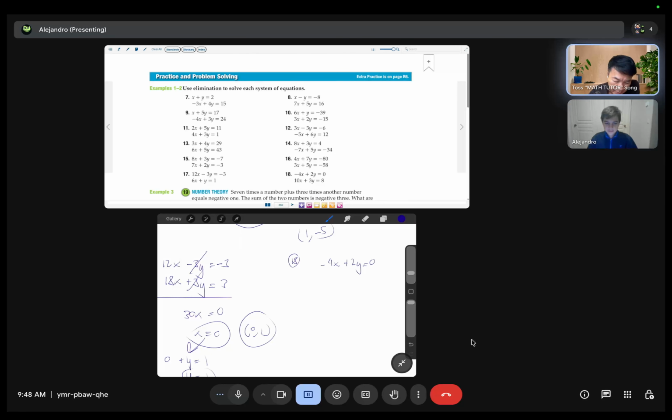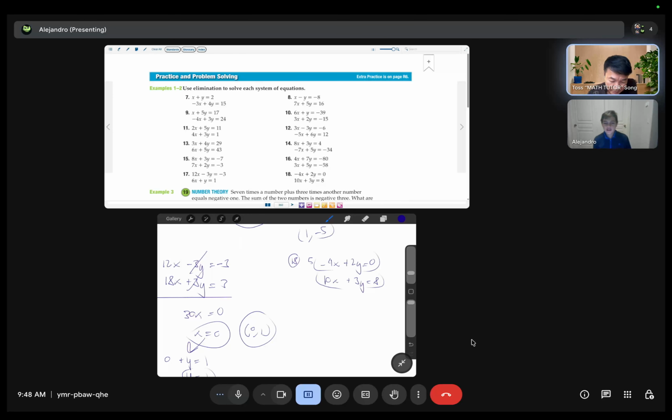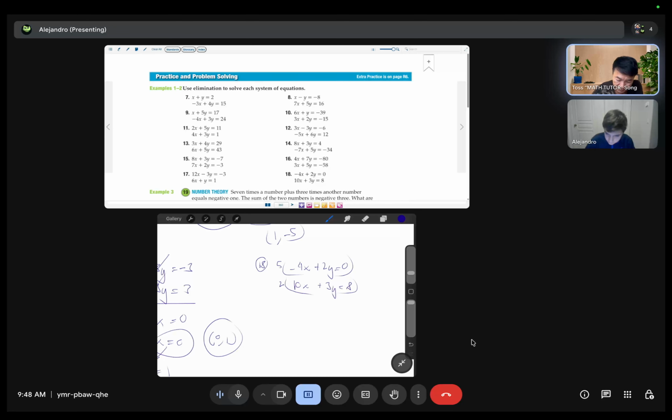Okay, how do you want to do it? Multiply. So I would multiply the top equation by 5 and the bottom one by 2. Very good. That's the best way to do it. Okay, let's do it.